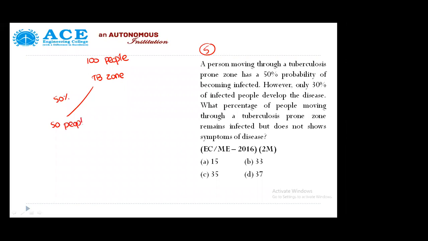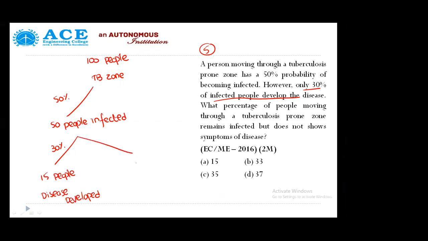However, only 30% of the infected people develop the disease; for the remaining people, symptoms are not shown. 30% of the infected 50 is 15, so 15 people developed the disease.